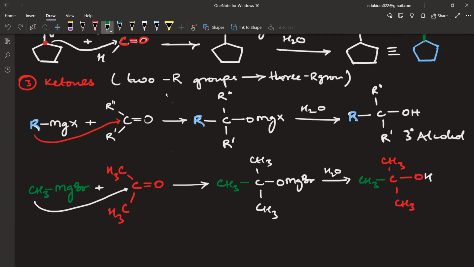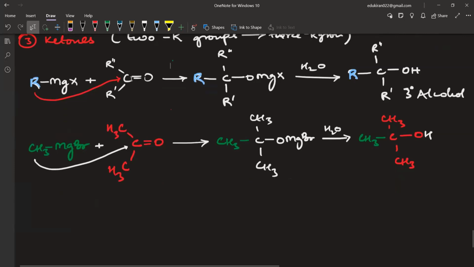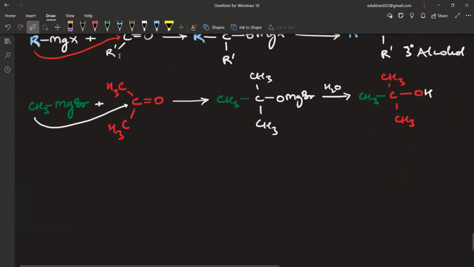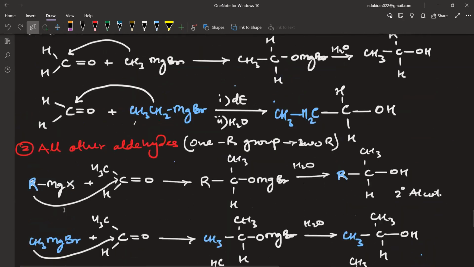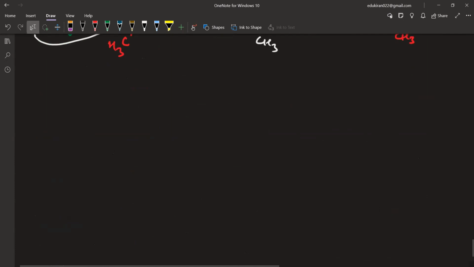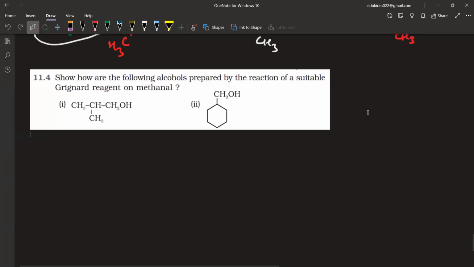Done, guys? Just now, please tell me. Done, sir. So we have seen three things till now, right? Ketones, all other aldehydes, and formaldehyde. So you have a question in NCERT. Let us do that question first. I'll tell you how to deal with this type of questions. Write this down first.